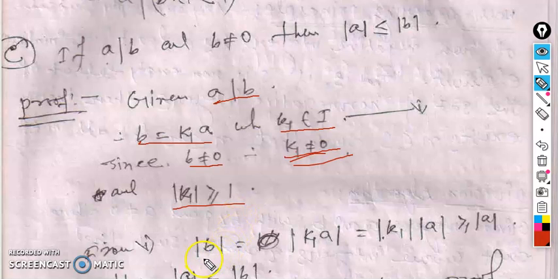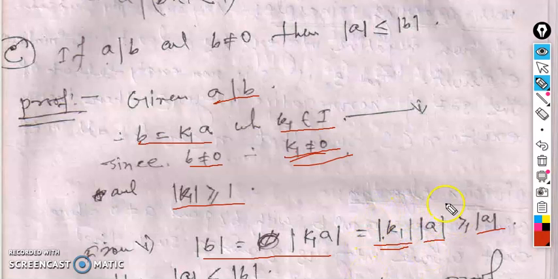And if we consider the modulus, the absolute value, in both cases, the right hand side becomes mod k times mod a, which should be greater than or equal to mod a, because the value of mod k is at least 1.